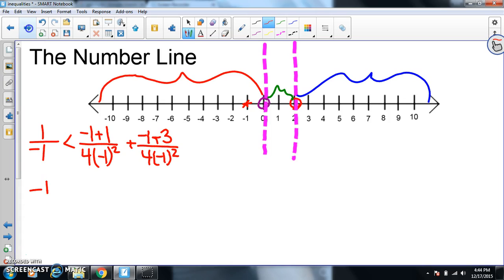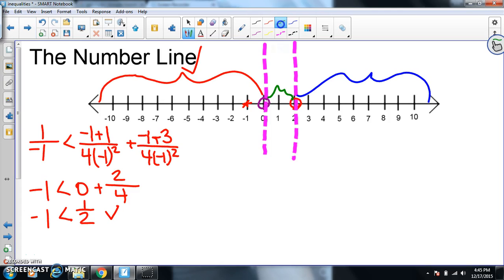I then get -1 is less than 0 because -1 plus 1 is 0. Any 0 divided by anything will be 0. Plus 2 divided by 4 is 1/2, so -1 is less than 1/2. Yes, so this solution set works.